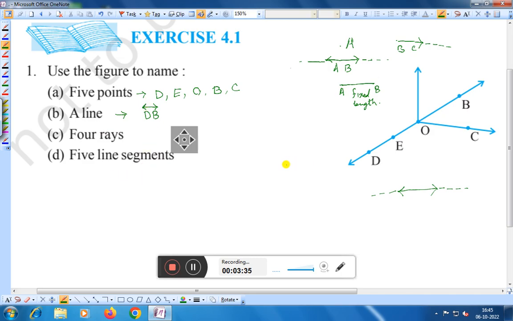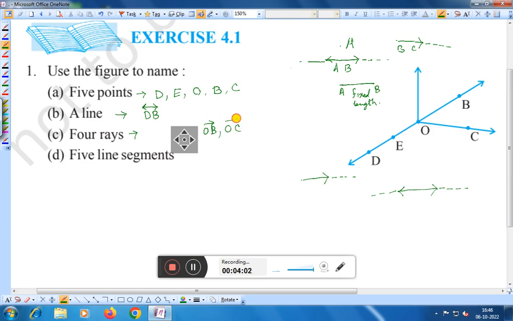4 rays. What is a ray? A ray has one fixed point, and the other end goes on endlessly. That is a ray. We can define here that is 4 rays. OB is a ray, right? We can write here OB is one ray. You have to represent it like this, OB. OC is another ray.